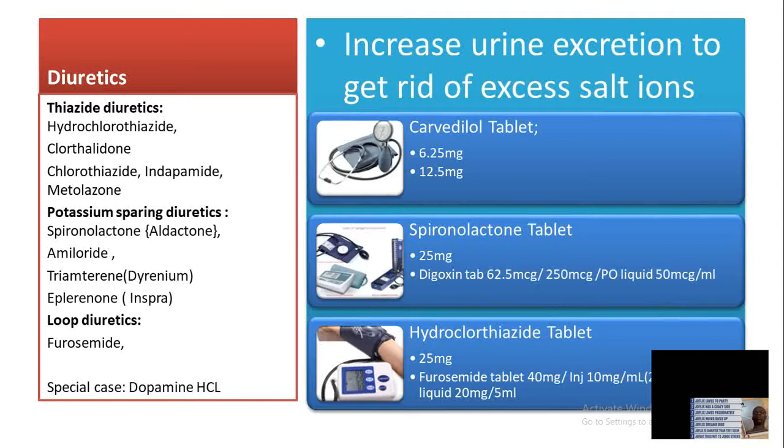Hydrochlorothiazide tablet comes at 25 milligrams. We have furosemide tablet, which comes at 40 milligram. Injection comes at 10 milligram per milliliter, that is 2 milliliter ampoule, and the oral liquid comes at 20 milligram per 5 milliliters.